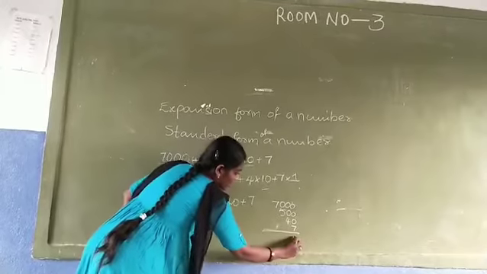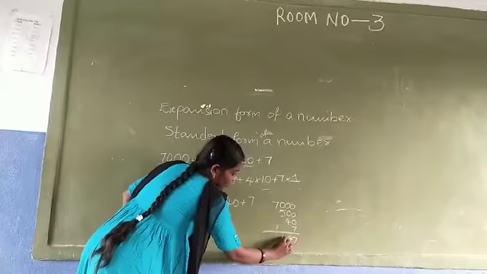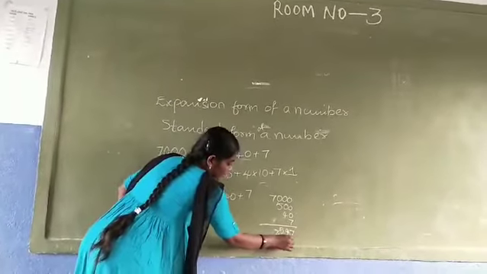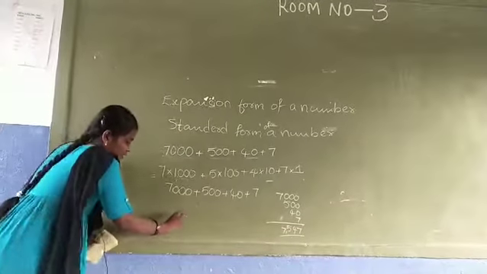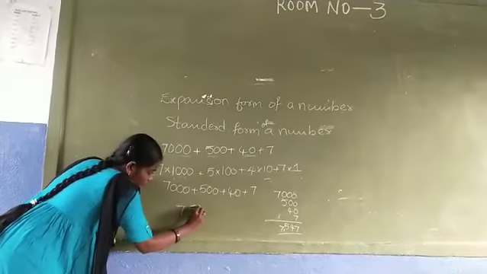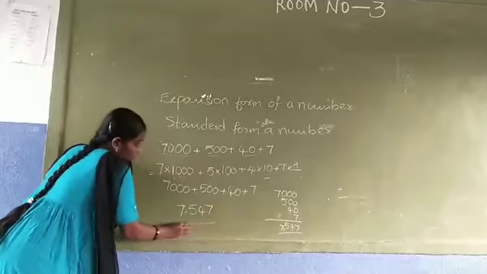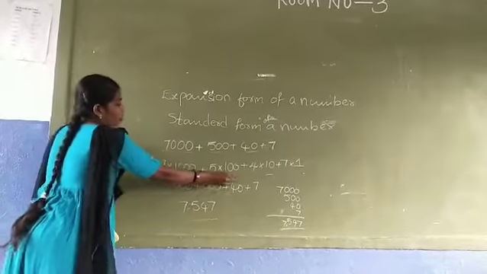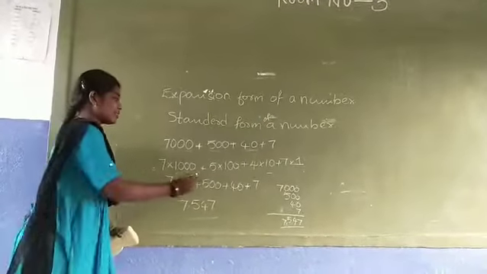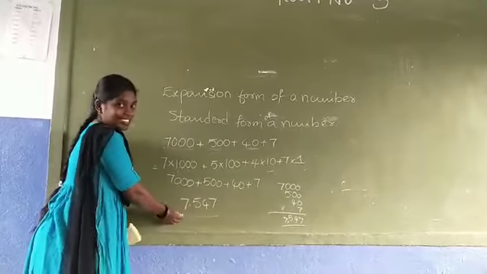I can get the value 7547. This is the standard form of this number. This is in expansion form. This is in standard form.